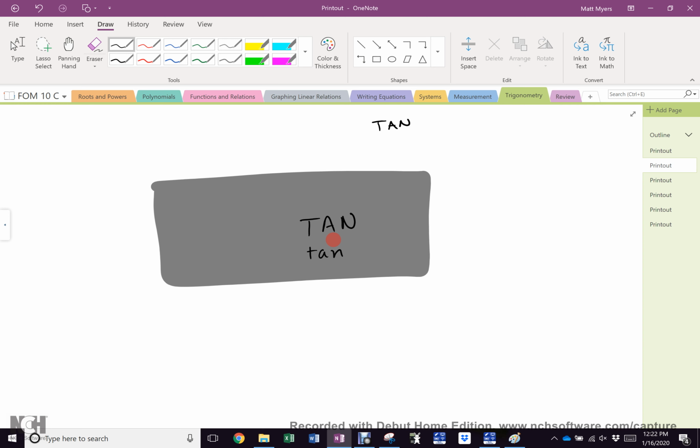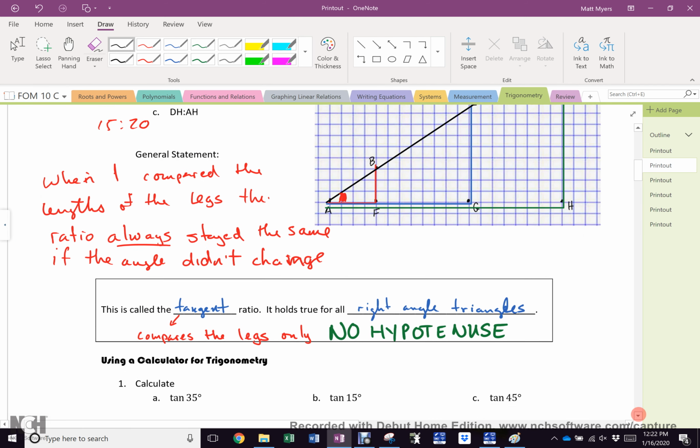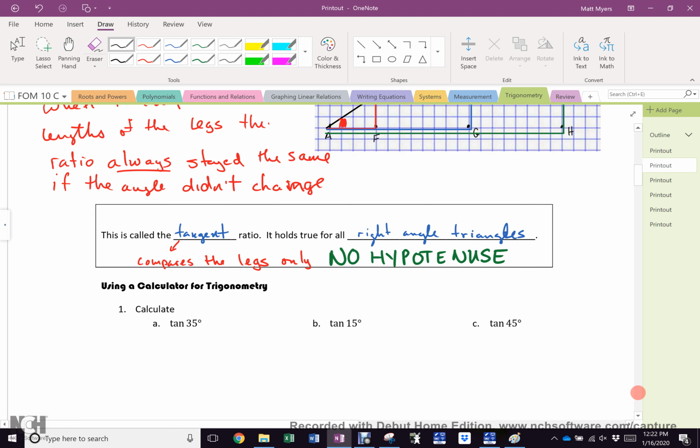Everybody good? All right, now we've got to do another calculator experiment. Slide back over here. If your calculator writes the word, you are going to push the button tan. Then your calculator probably shows a bracket, but if it doesn't, it's no big deal. Then you are going to push 35.